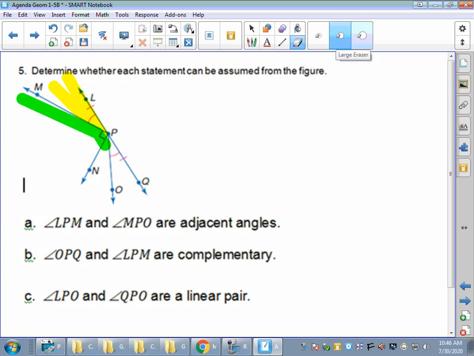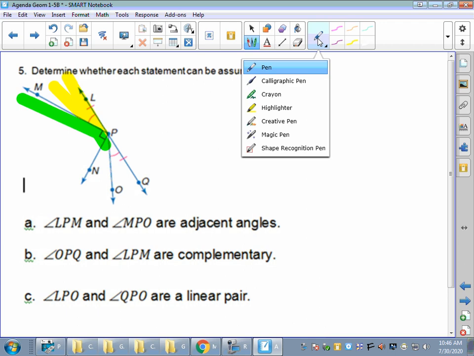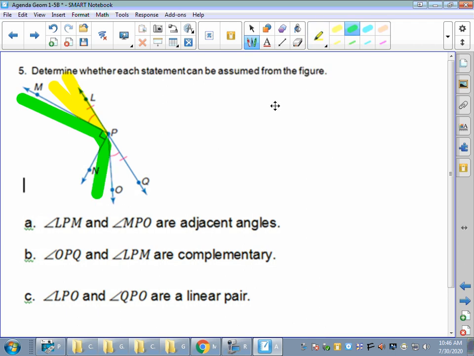That's a Q. Let me find my highlighter again. MPO, are those adjacent angles? So remember, I said in the last lesson, you just have to know some of this terminology. Adjacent angles means they share a vertex, P, and a side, ray PM. So yes, you know that.